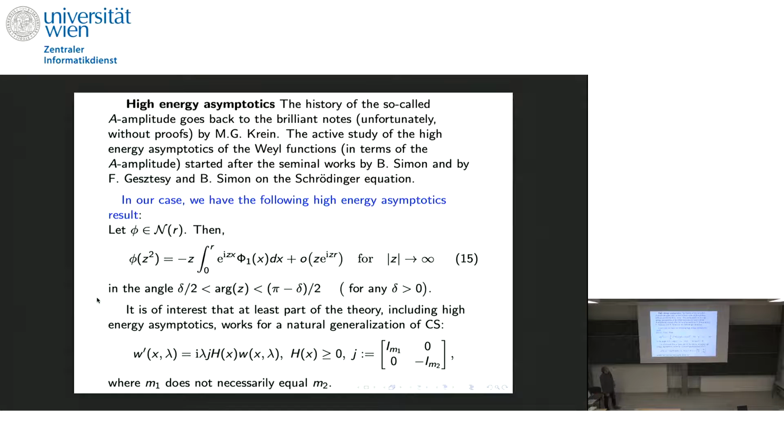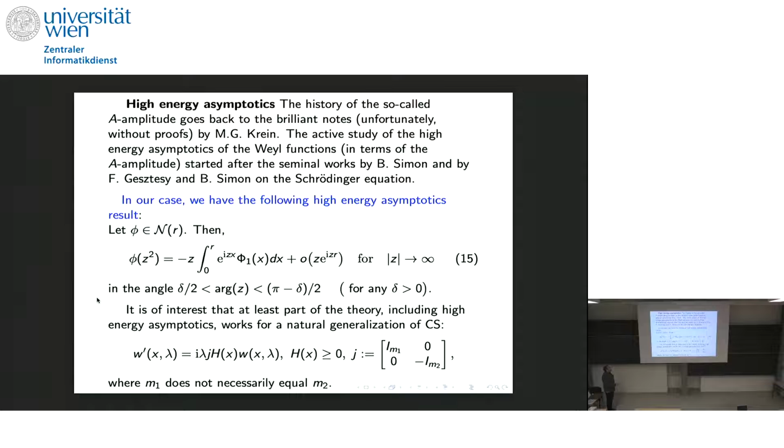In our case, we have the following high energy asymptotics result. It is written here. And the derivative of phi sub 1 is some analog of the amplitude for the Schrödinger equation.